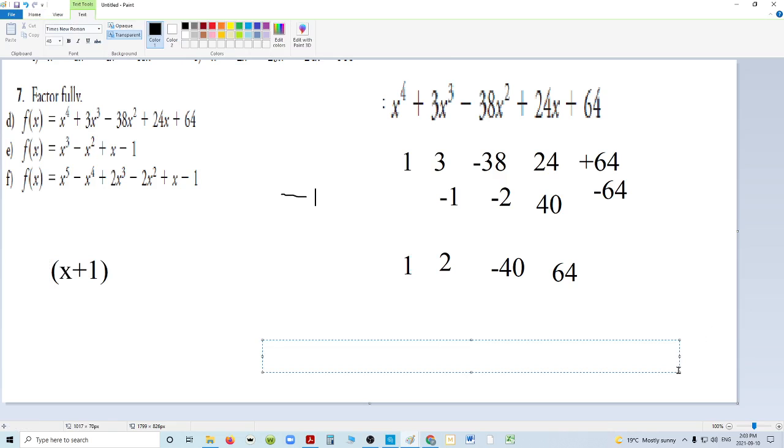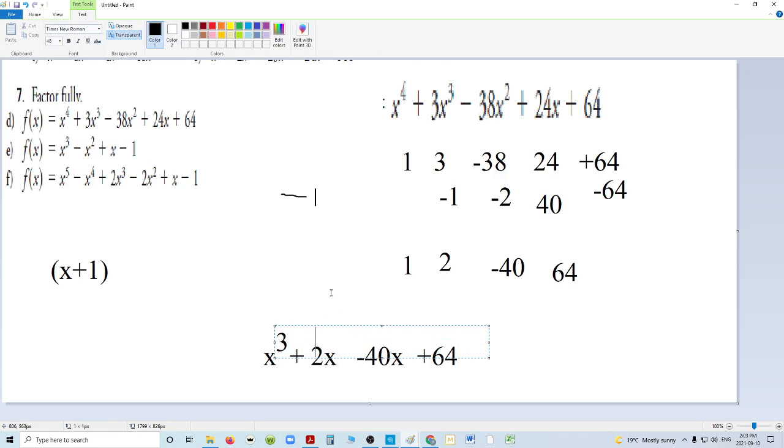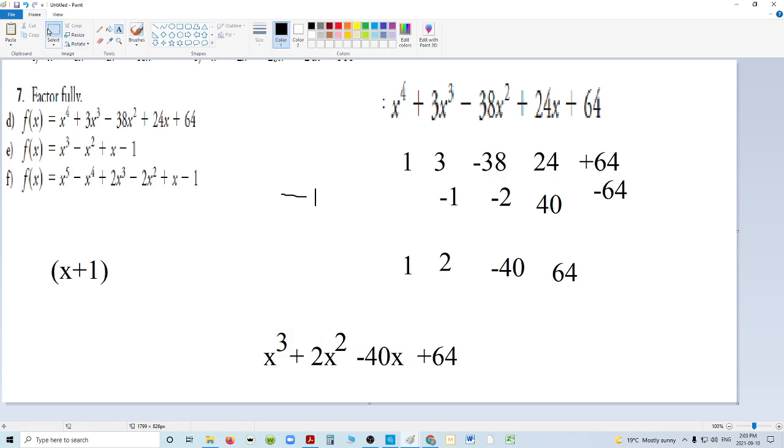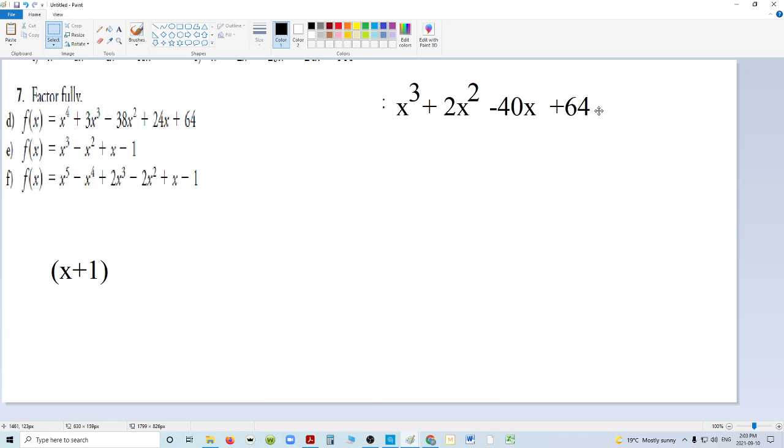And it even gives me my next one, x cubed plus 2x squared minus 40x plus 64. And I continue with my new coefficients.